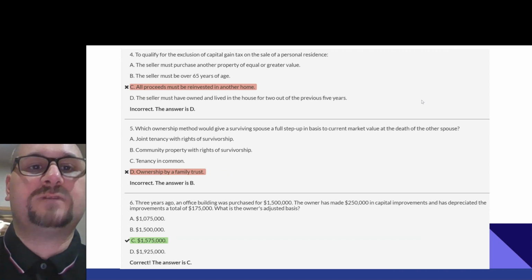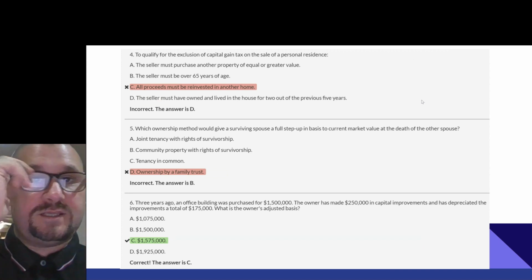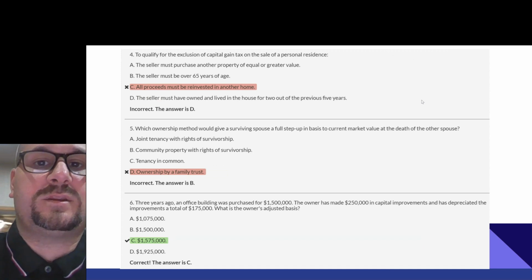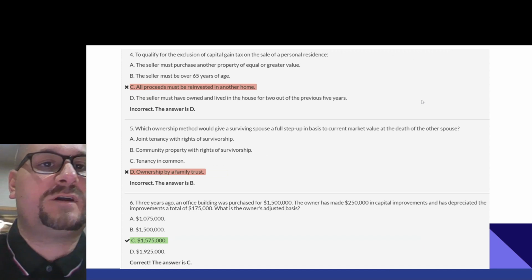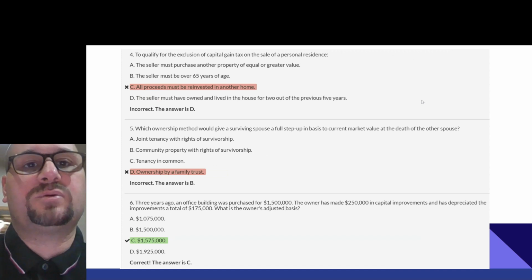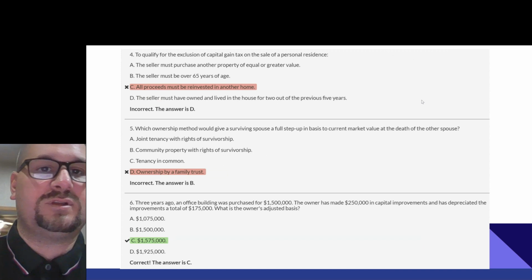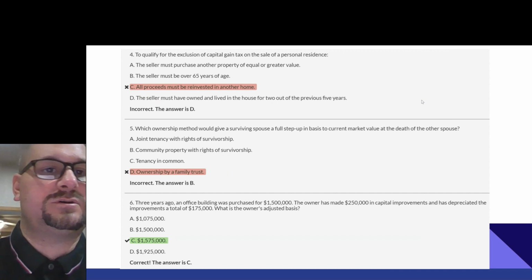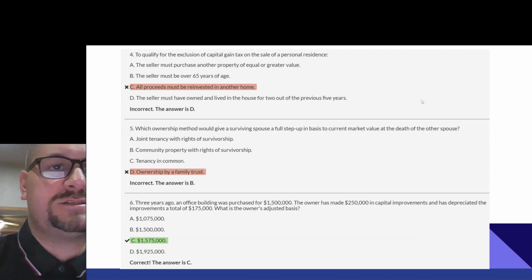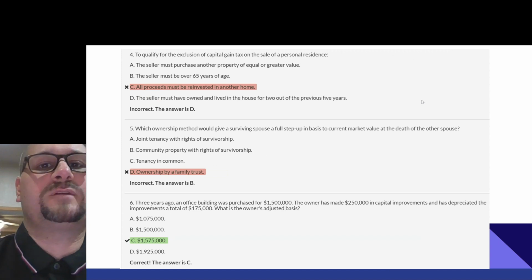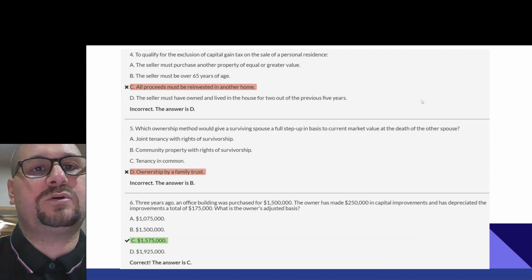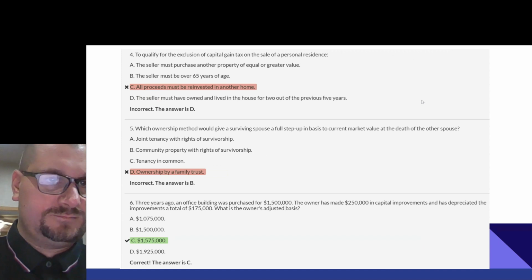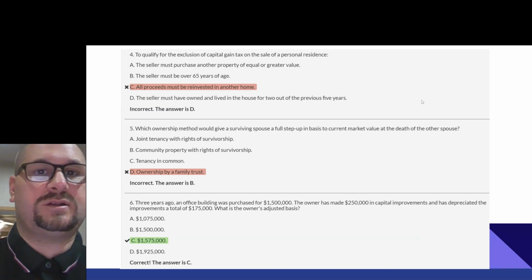So that's Delta. A says seller must purchase another property of equal or greater value. No. Seller must be over 65. No. All proceeds must be reinvested in another home. No.